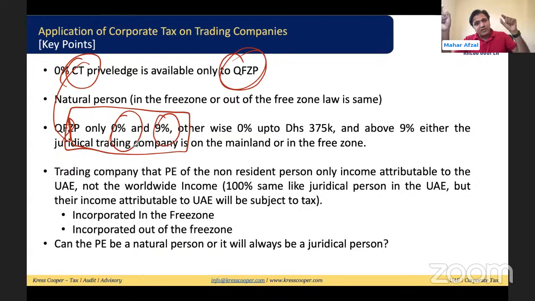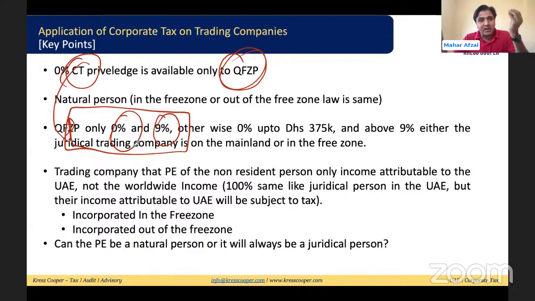If this natural person is acting as an agent for the USA company, now the question arises: will this natural person be considered a juridical person, or a PE of the non-resident person?